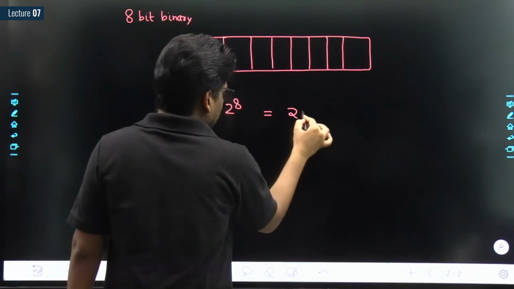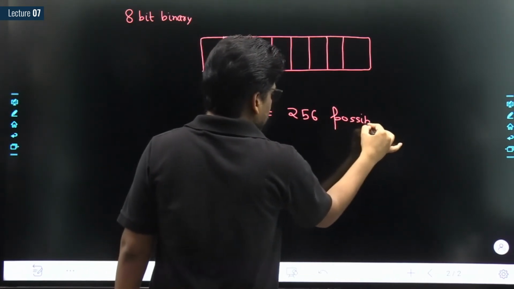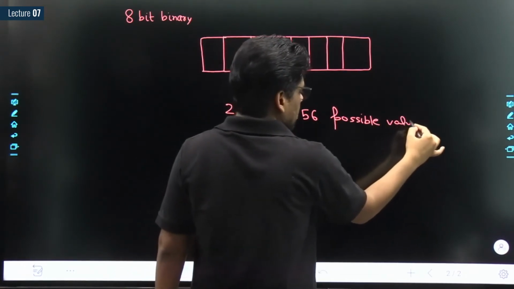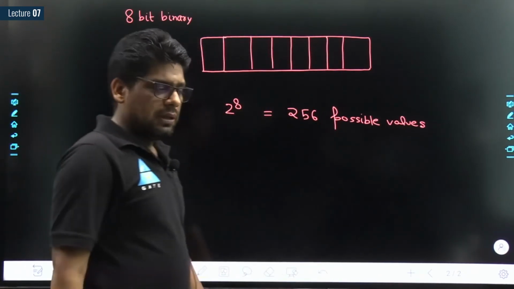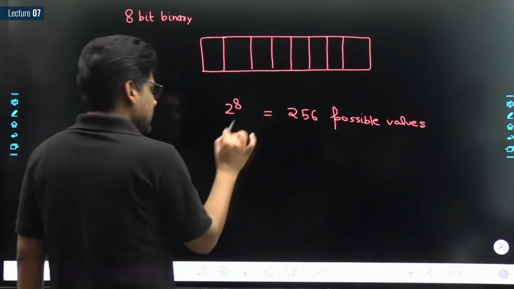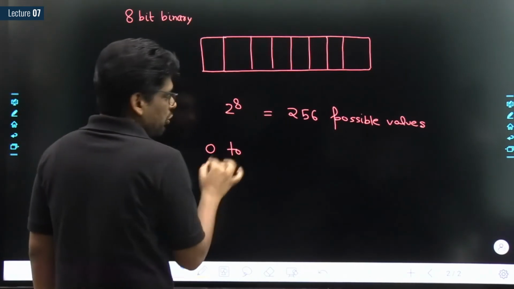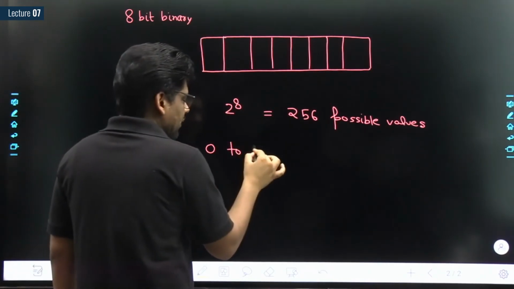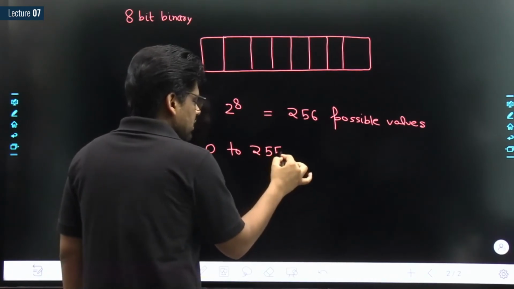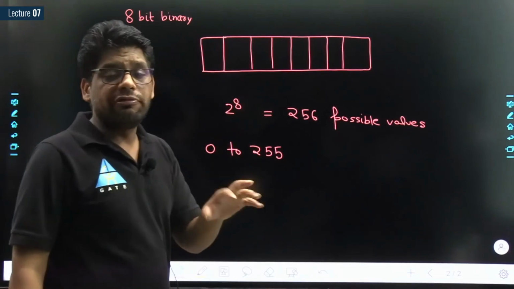Sir, 2 to the power 8 is 256. That means I am saying 256 possible values can be formed using 8 bits. But if I start the counting from 0, then if you mention the range, what is the last number? Sir, 0 to 255. How many are they? These are 256 numbers.